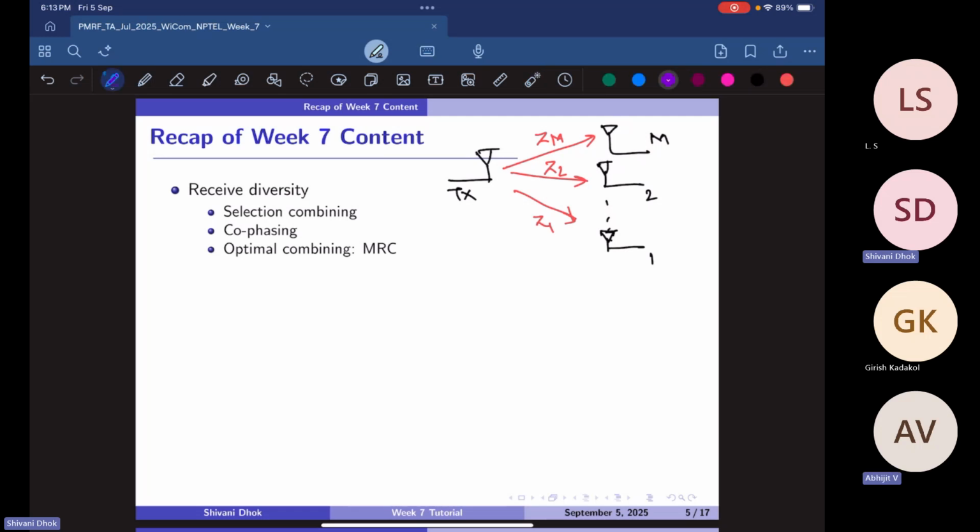So the selection combining says that select the antenna with the best SNR.